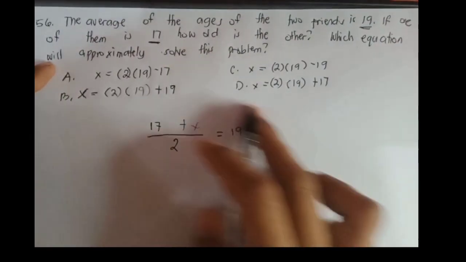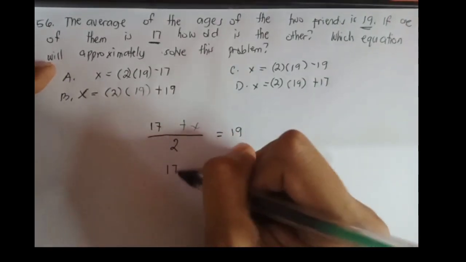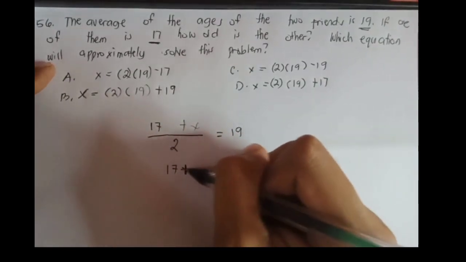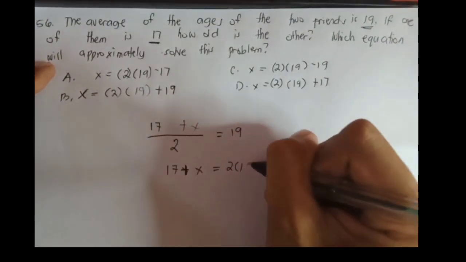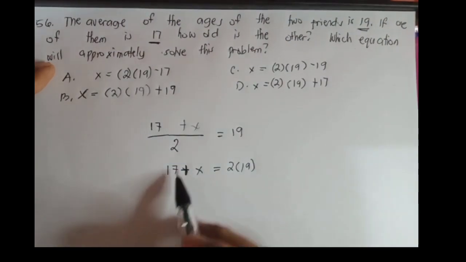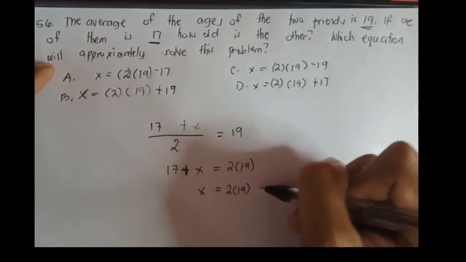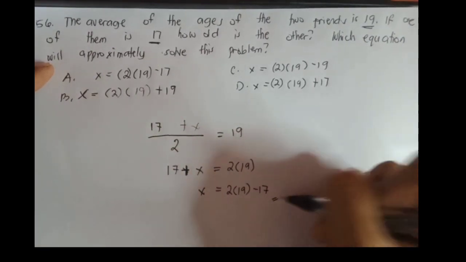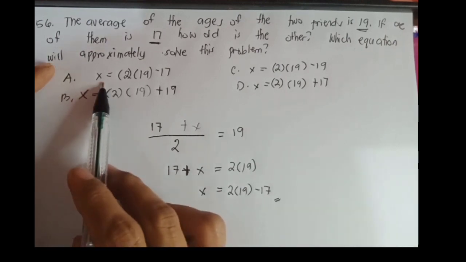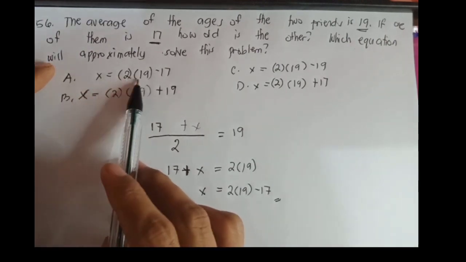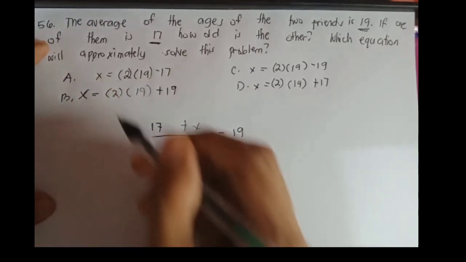Then simplify this equation. We can now cross multiply: 17 plus x equals 2 times 19. Then transpose 17, it will become x is equal to 2 times 19 minus 17. Therefore, our equation is x equals 2 times 19 minus 17. Therefore, our answer is letter A.